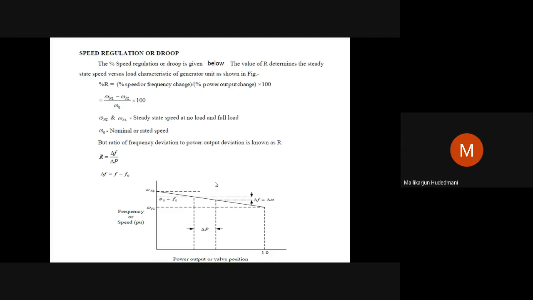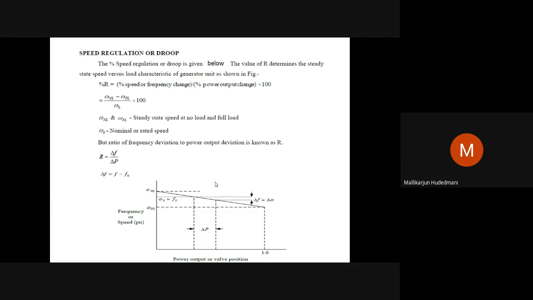This is because as and when there is a fall in RPM, a fall in speed, definitely this governor will increment input fuel to the turbine and the turbine accelerates and sets up supplementary mechanical input, and that will reflect as a change in electrical output as well as frequency shift.